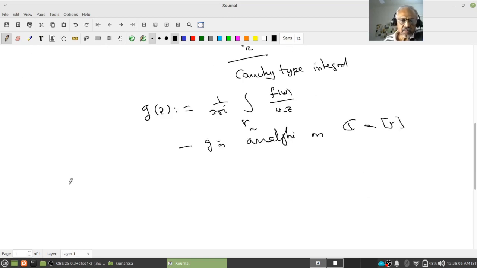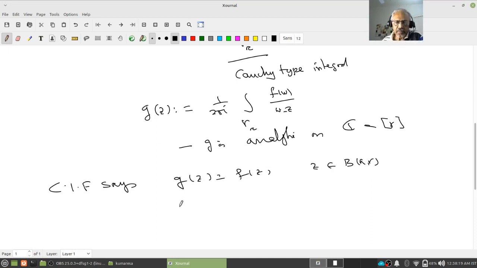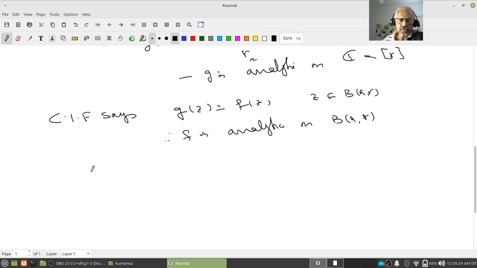And what does the Cauchy integral formula say? It says g of z is nothing other than f of z for z in the ball. Therefore, f is analytic on the ball. Considering this for every a in U, I find that f is analytic on U itself. This is how we concluded.